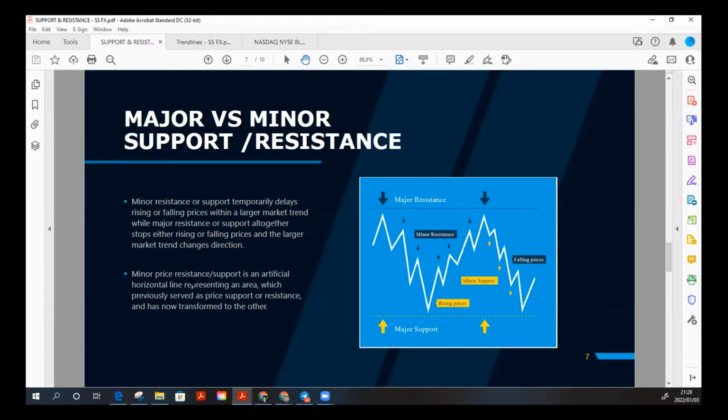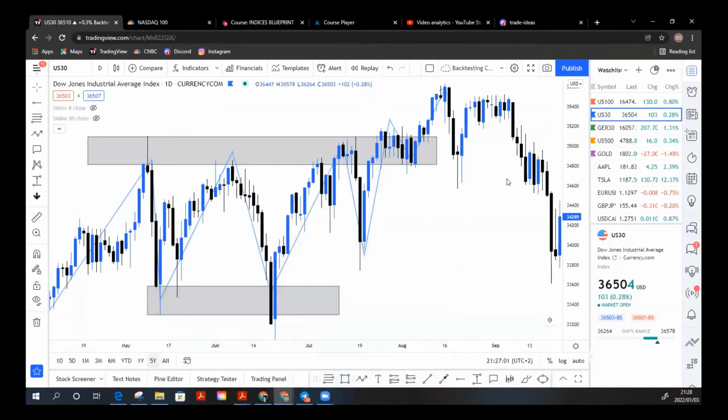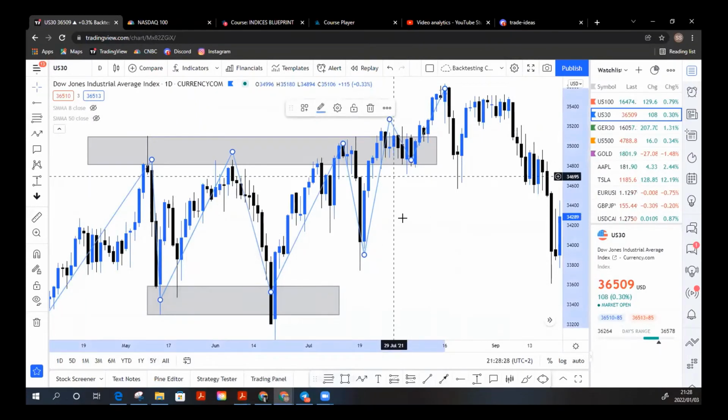Okay, so minor price resistance or support is an artificial horizontal line representing an area which previously served as price support or resistance and has now transformed to the other. So if we go to the chart, right, you can see that we have identified the main levels of support and resistance.